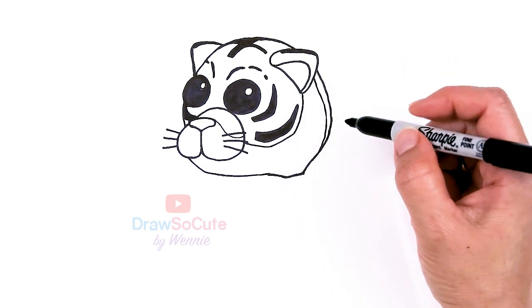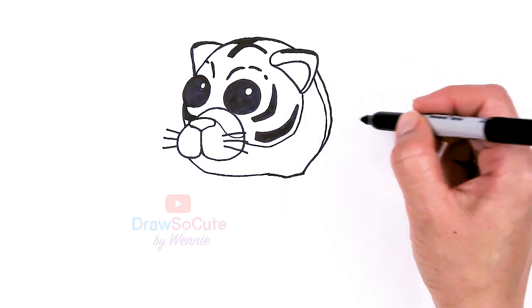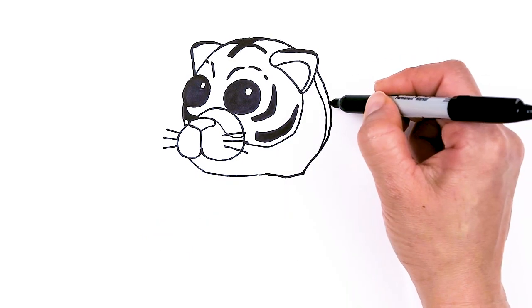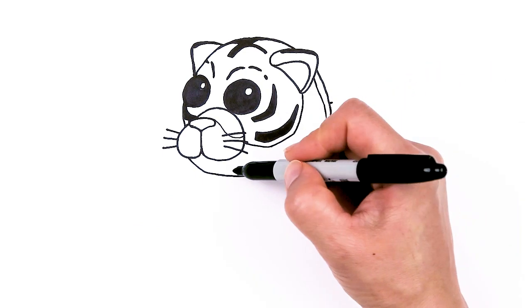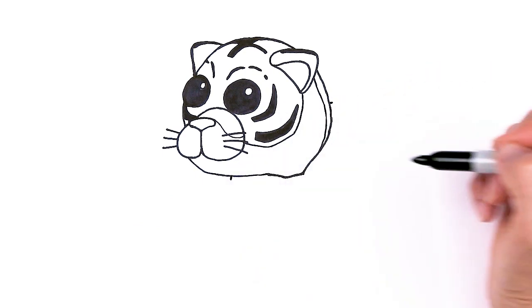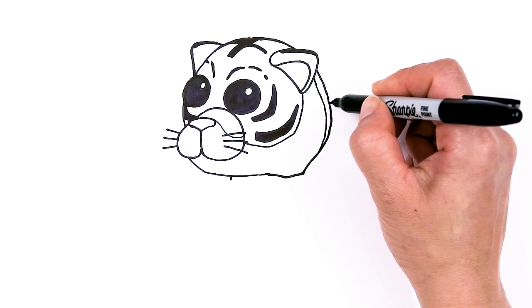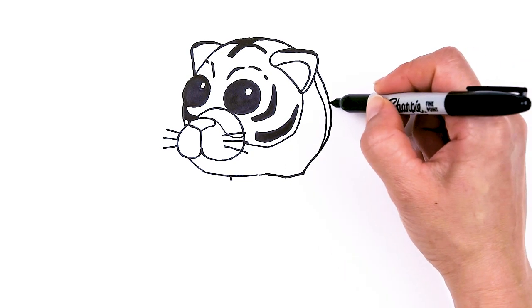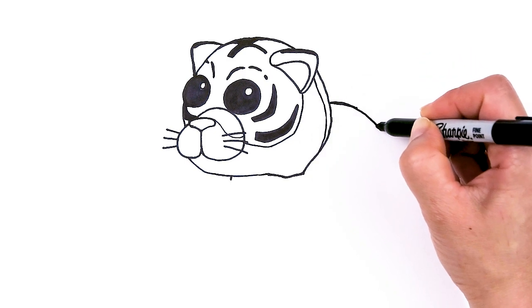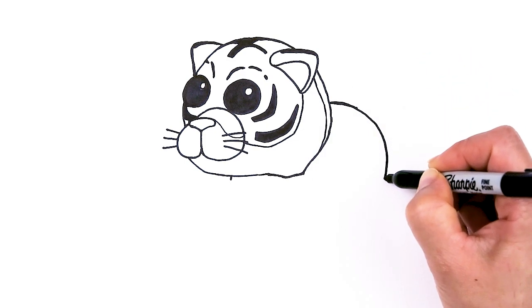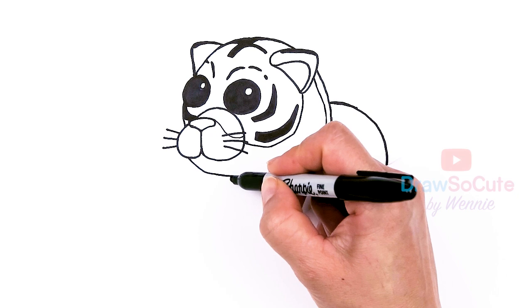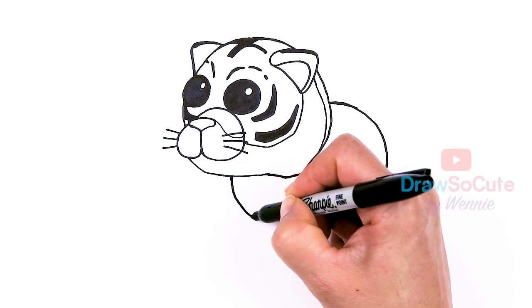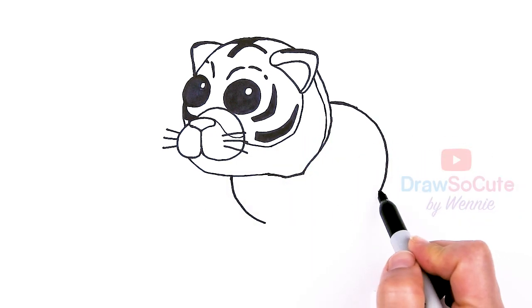And then let's go ahead and draw the body. So nice little oval body. So come about right here and here. Find this area. And I'm just going to go ahead and draw this big oval. And connect.